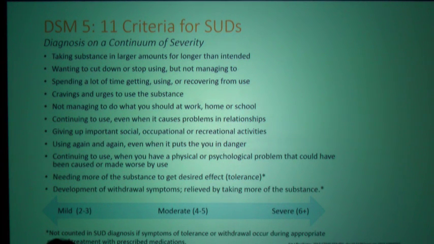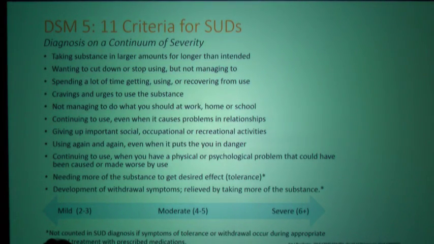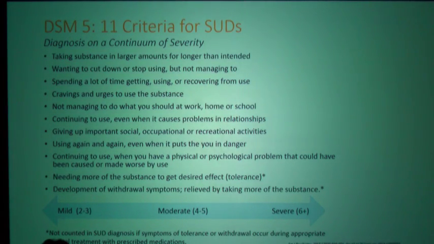The big thing with these criteria is that they've more or less been combined and actually strengthened. In DSM-4 and DSM-4R, you only needed to have one criterion in order to qualify. Here you need 2 to 3 criteria to be in mild or moderate substance use disorder. Mild is 2 to 3, moderate is 4 to 5, and severe is 6 or more.